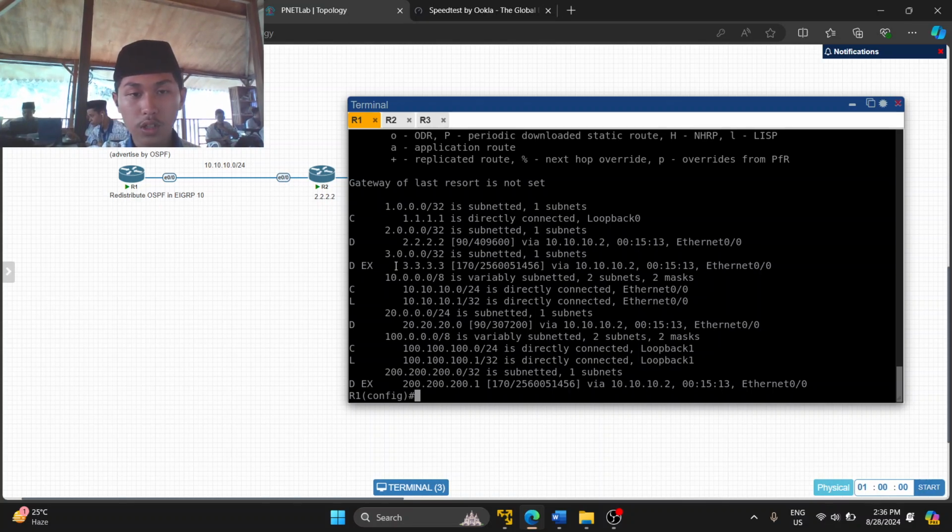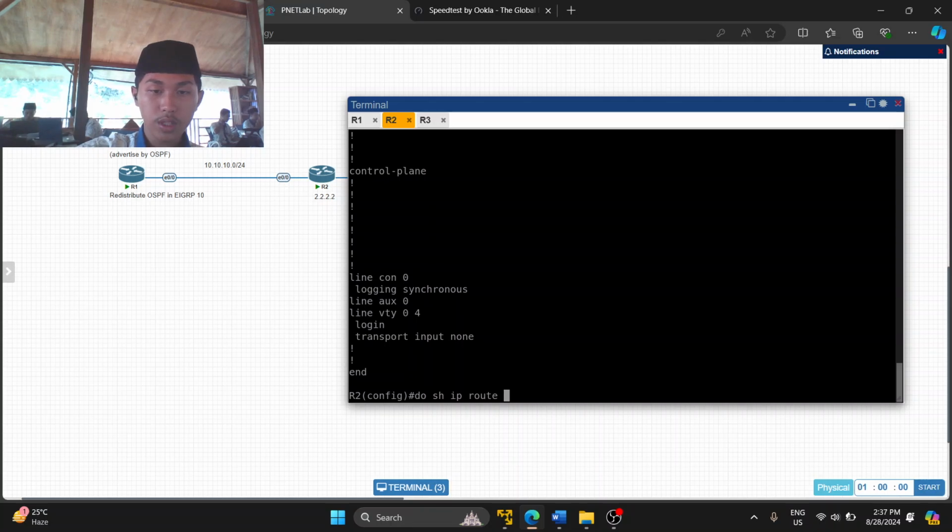Another routing protocol, that is 3.3.3.3, is RIP. And then we have 20.20.20.0, which is the network between router 3 and router 2. And then there's another D EX for RIP from router 3.